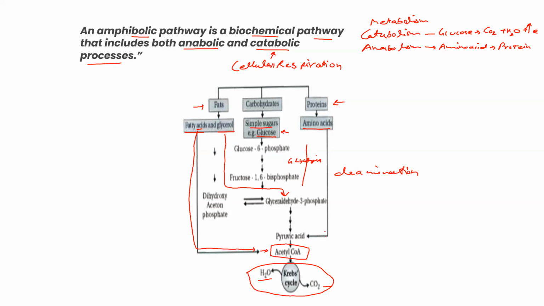It depends upon what kind of amino acid it is. Amino acid can enter through pyruvic acid, acetyl coenzyme A, and directly in the Krebs cycle and release energy. So all these are catabolic processes where carbohydrate, fat, and protein break down.